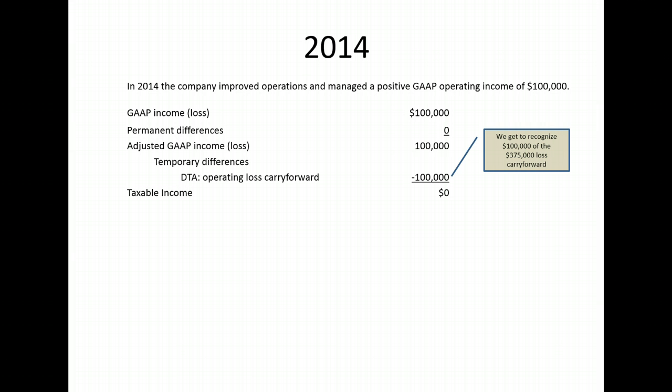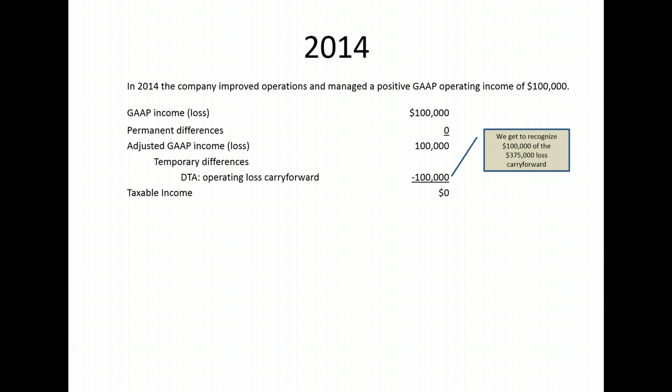It can be zero, but it cannot be negative. So if we have adjusted GAAP income of $100,000, then we get to basically use up $100,000 of that $375,000 loss carry forward. So again, in 2014, our taxable income is zero. We still have no income tax payable. Now we just keep following the exact same pattern that we've been talking about here for several weeks.